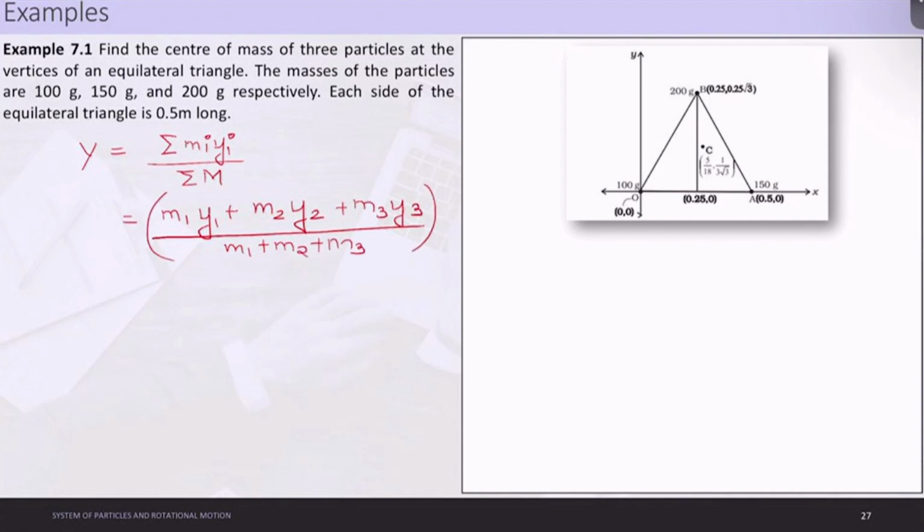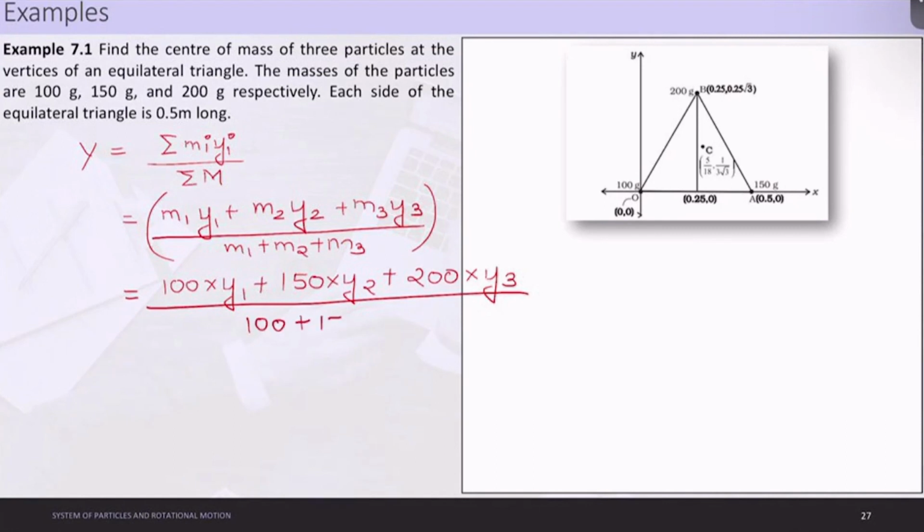So therefore what we can write? We can write this is equal to 100 into y1 plus 150 into y2 plus 200 into y3 upon 100 plus 150 plus 200. So let us calculate the value of y1. What is y1 here? As you can see, y1 is 0.